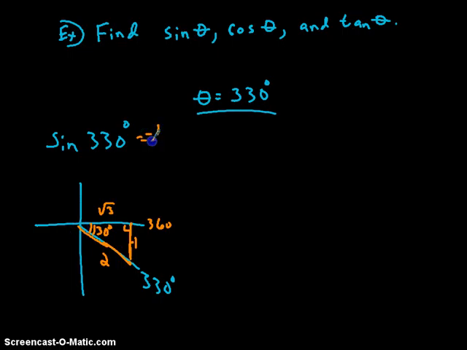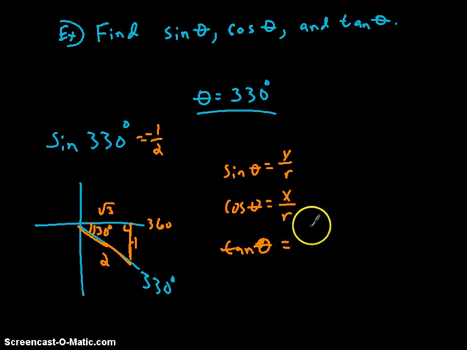So -1 over 2. There's some other things that will help us find sine too. If you remember from previous videos, we knew the sine of any angle was equal to the y value over r. We knew the cosine of any angle was equal to the x value over r, and then tangent of any angle was equal to y over x.